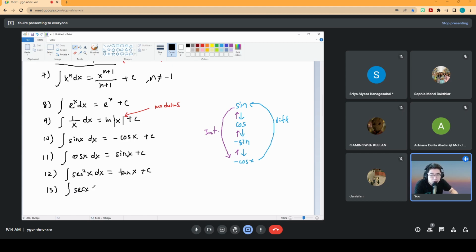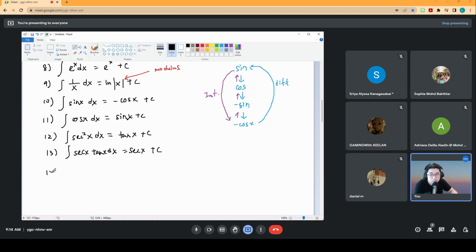For example, secant x tangent x gives you secant x plus c. Number 14, if we have cosecant squared x, it gives you negative cotangent x plus c. Number 15, if you have cosecant x cotangent x, you will have negative cosecant x plus c.